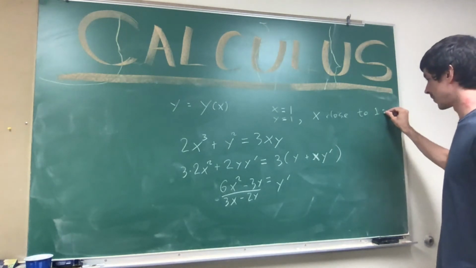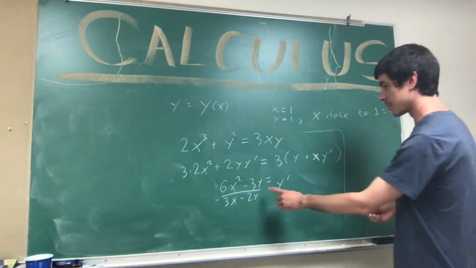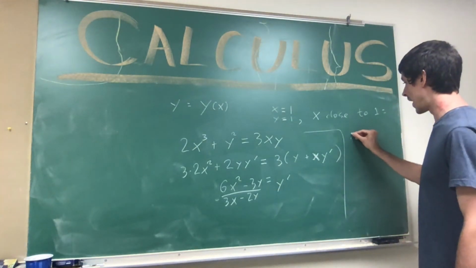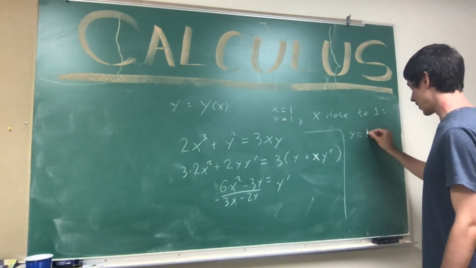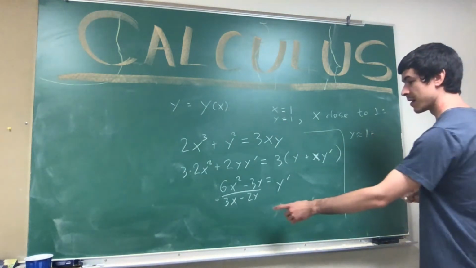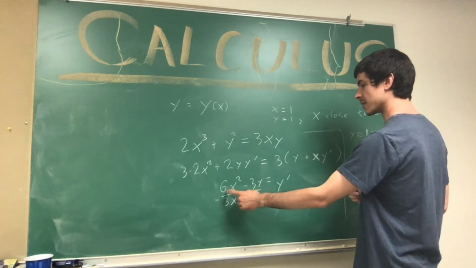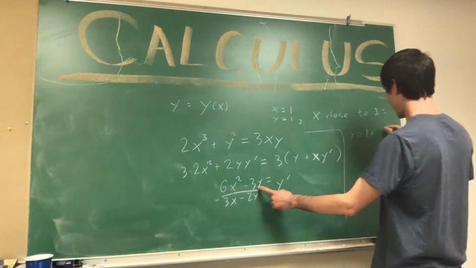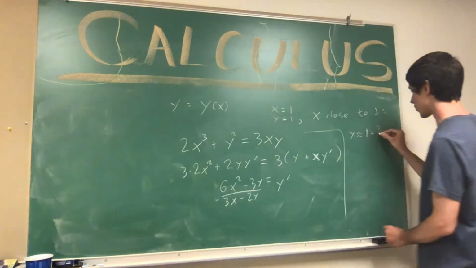x close to 1, then we can linearly approximate that y is approximately equal to y0, which is 1, plus the derivative, which we plug in x equals 1, y equals 1 into here. So 6 times 1 minus 3 times 1, so 3 over 3 minus 1, which is just 1.